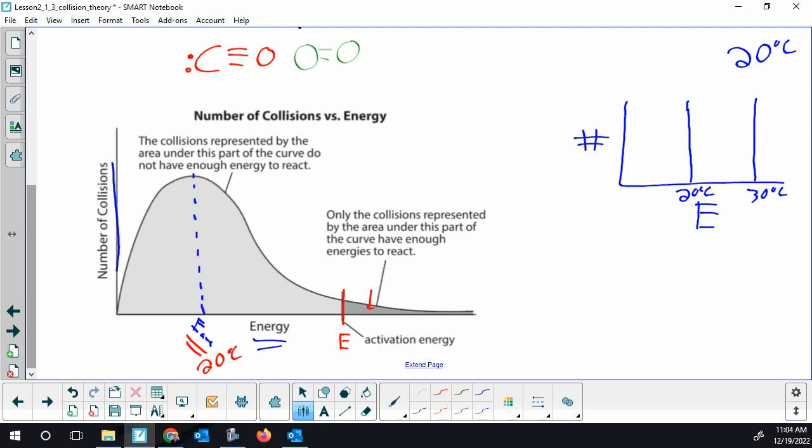If we warm this up, so I'm going to draw in, let's say it goes to 30 degrees. We're going to shift this average energy to higher energy if we're hotter.